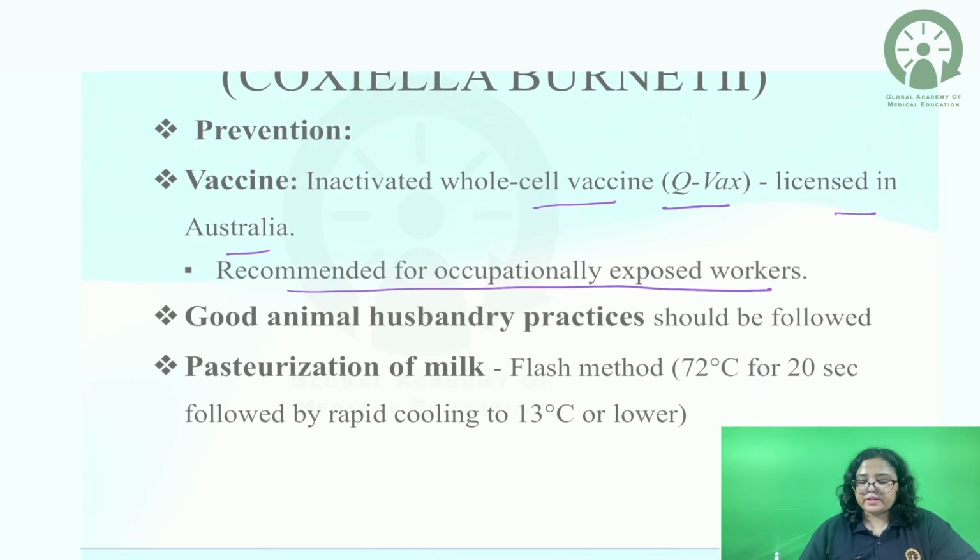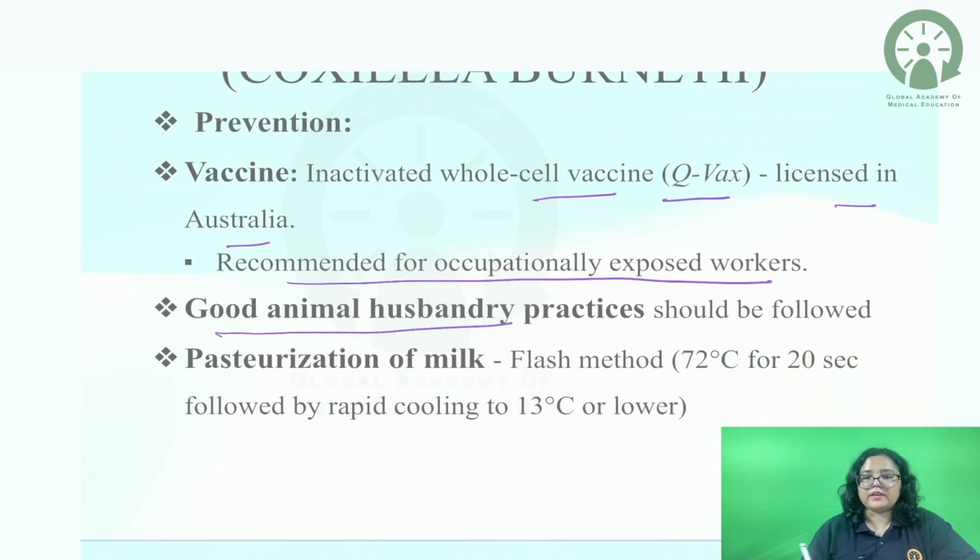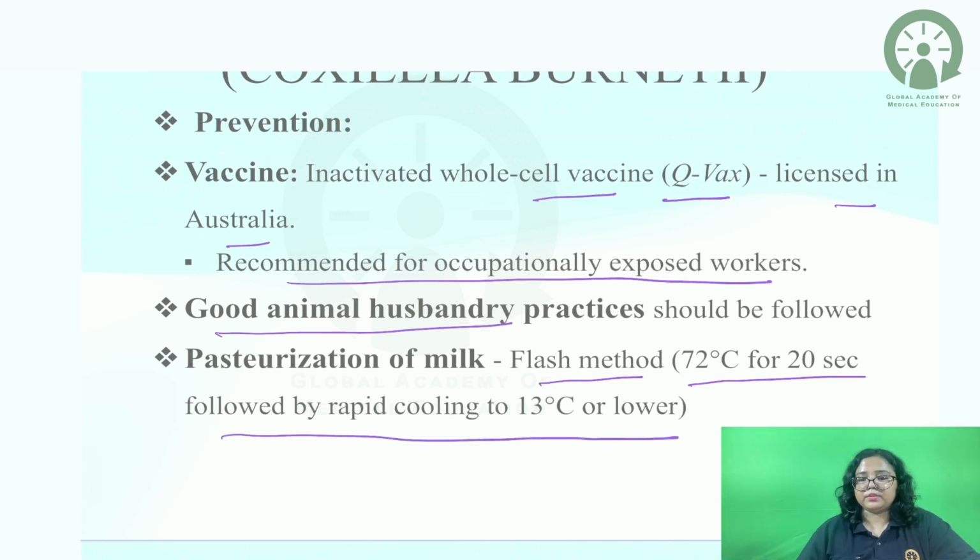Also, we require good animal husbandry, and pasteurization of milk is performed because it can be spread from contaminated milk, by the flash method, which is heating at 72 degrees Celsius for 20 seconds, followed by rapid cooling to 13 degrees Celsius or lower.